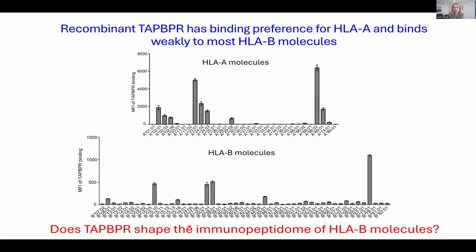So we turned our attention now to HLA-B molecules, which exhibited very low binding to TAPBPR. And we decided to focus on HLA-B44 molecules, which exhibited extremely weak binding to TAPBPR. And we asked, does TAPBPR shape the immunopeptidome of these HLA-B molecules?